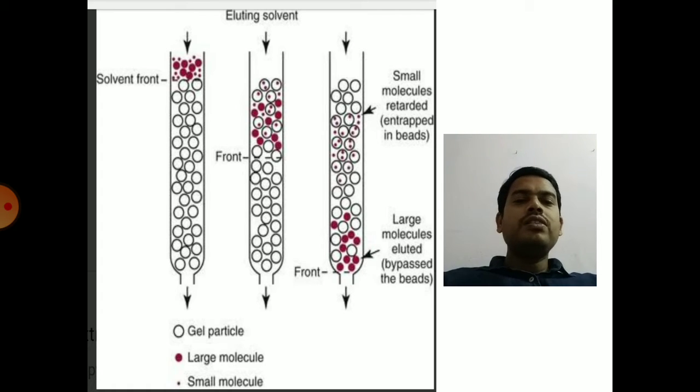So larger molecules will come out faster, whereas the smaller molecules will be retained for some time in the gel. That means they are eluted out of the gel after some time. So the retention time for the smaller molecules will be more, and the retention time for the larger molecules will be less. This is the principle of gel filtration or molecular exclusion.